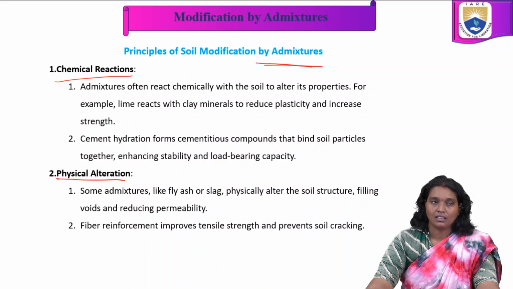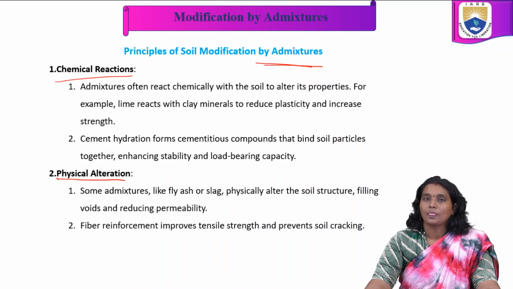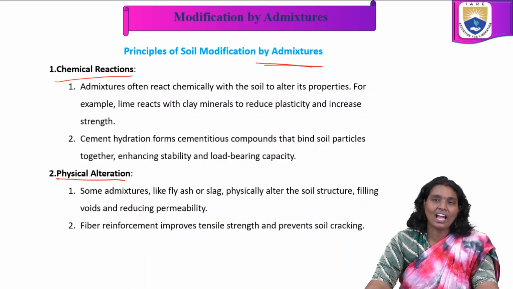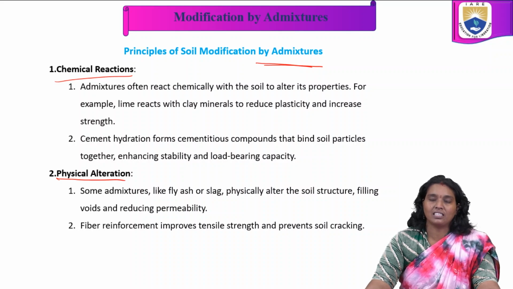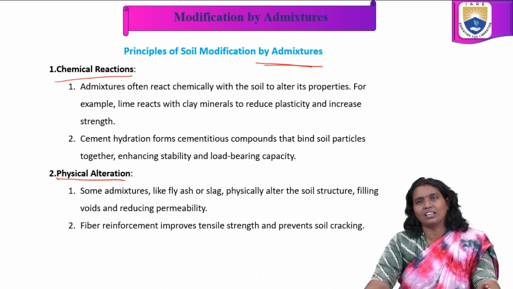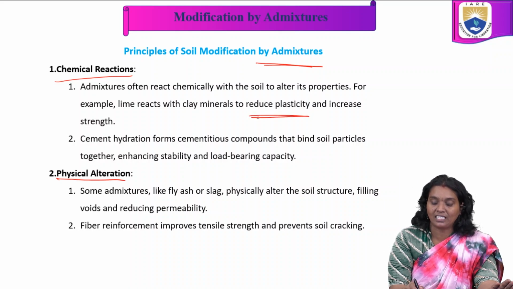For getting the required soil strength for the design of a particular element of the structure, we have to enhance this strength parameter in clay minerals. So lime reacts with clay and reduces the plasticity.